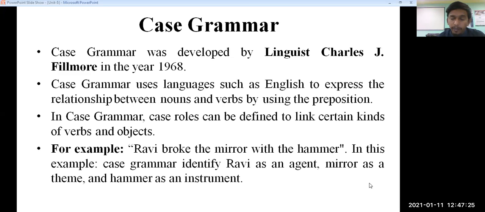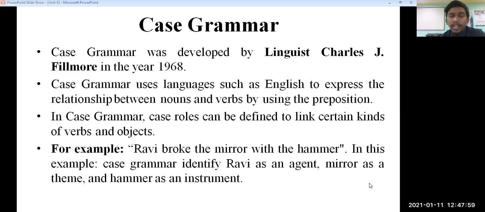The main thing about case grammar with respect to Fillmore is that it uses languages such as English to express the relationship between nouns and verbs by using prepositions. So now we need to go back to our knowledge of English with respect to parts of speech. I hope everybody knows what a noun, a verb, a preposition and an adverb are, because we learned about parts of speech in earlier classes.